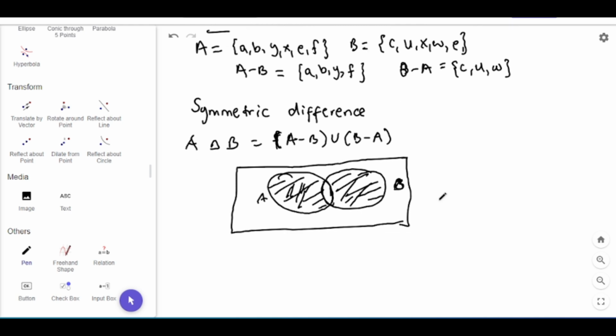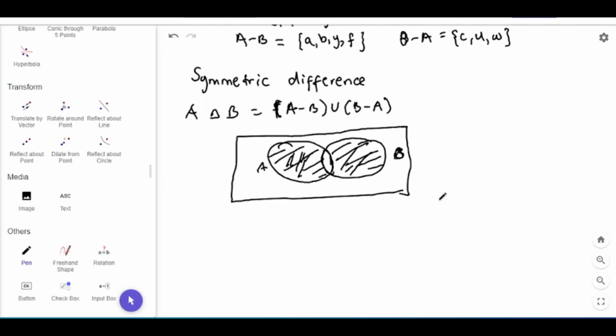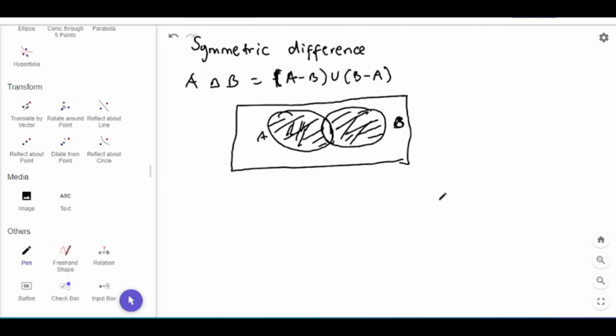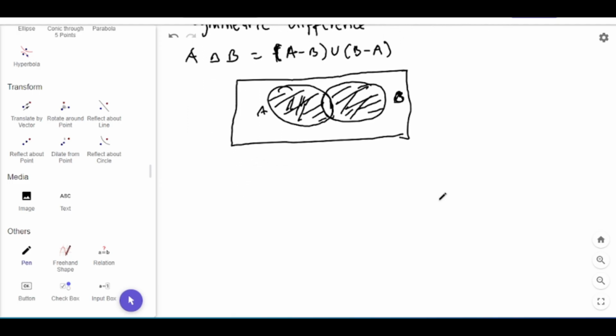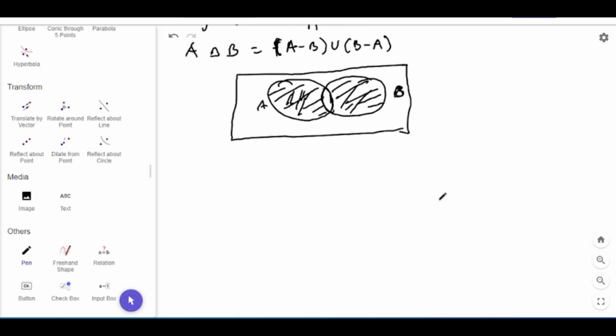Let's use a practical example. For you to get a symmetric difference, you must know how to compute the set difference.